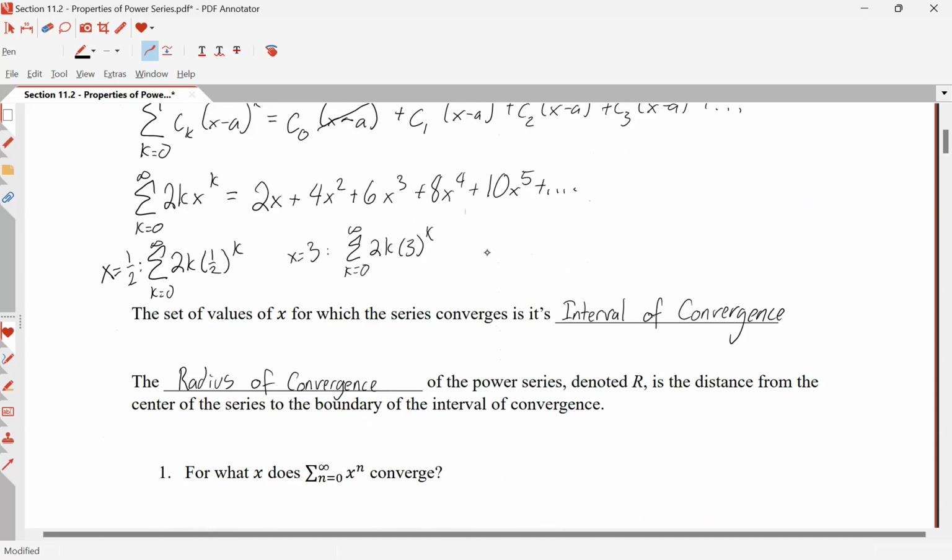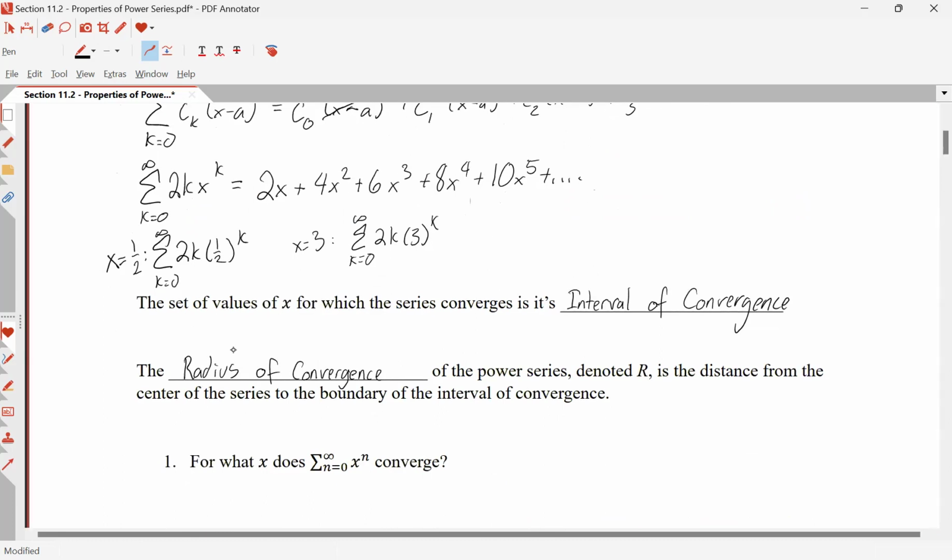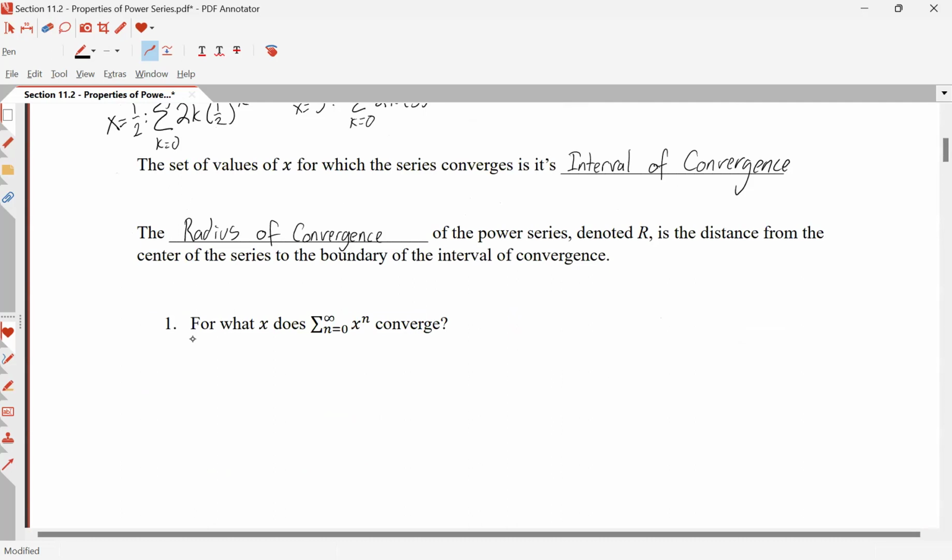So first, for what values of x does the series n equals 0 to infinity of x to the n converge? It's our first example. This series should be reminiscent of a series we've worked with repeatedly. That series is the series n equals 0 to infinity of r to the n, or we saw it most often as a r to the n.